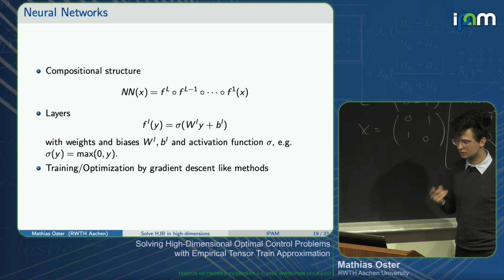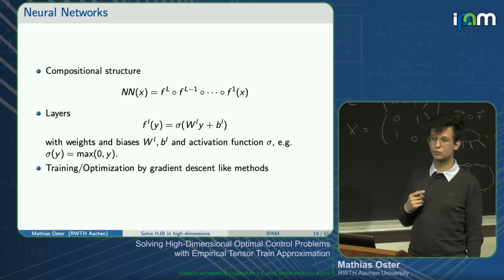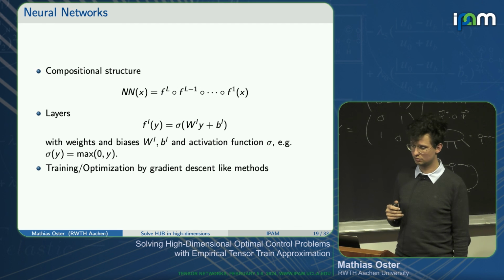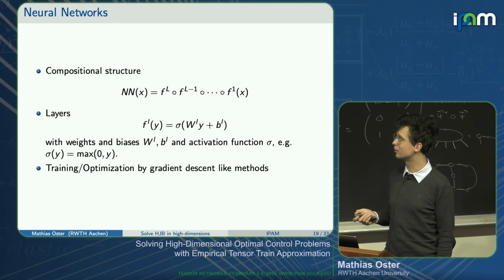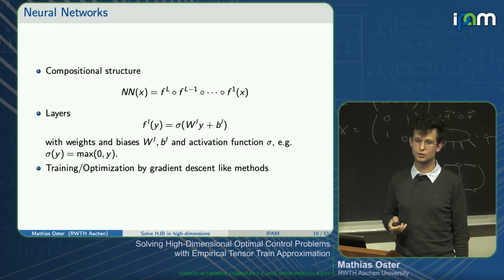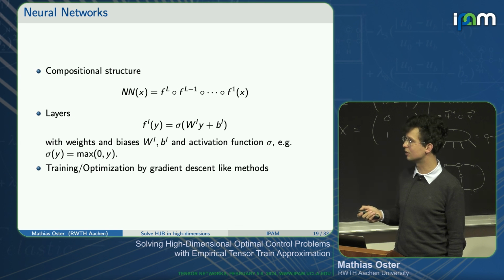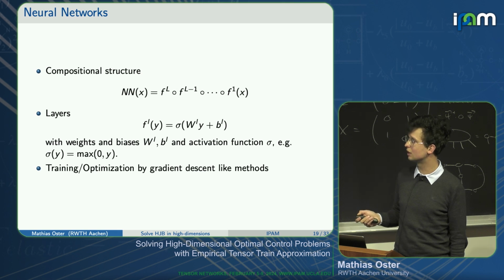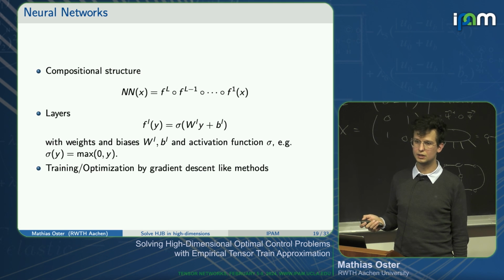And lastly, a short word on neural networks. I think the key property of neural networks is that they have some kind of compositional structure composed of very easy functions. We are looking at so-called fully connected neural networks. That means that each of the simple functions is an affine transformation followed by some nonlinear activation.